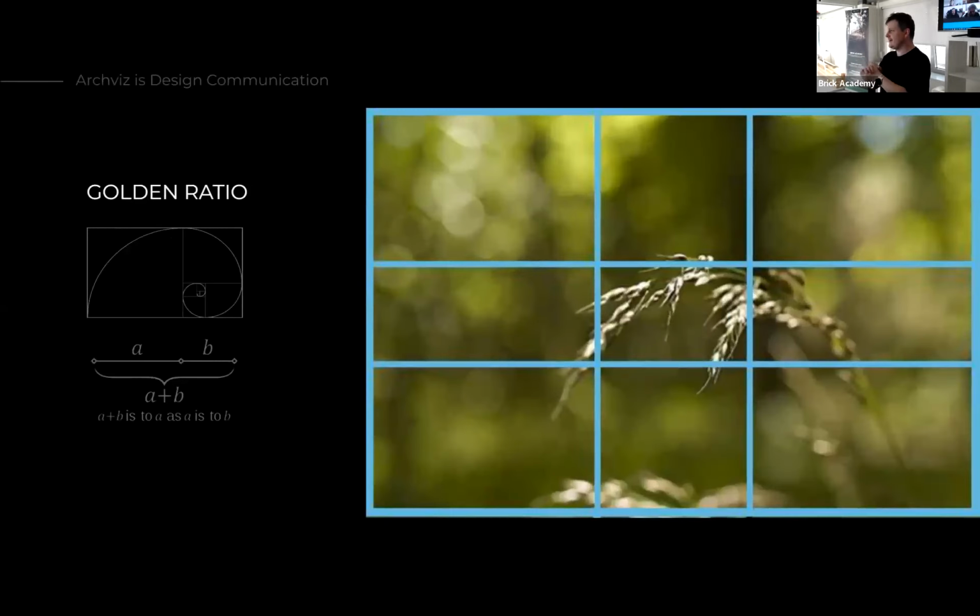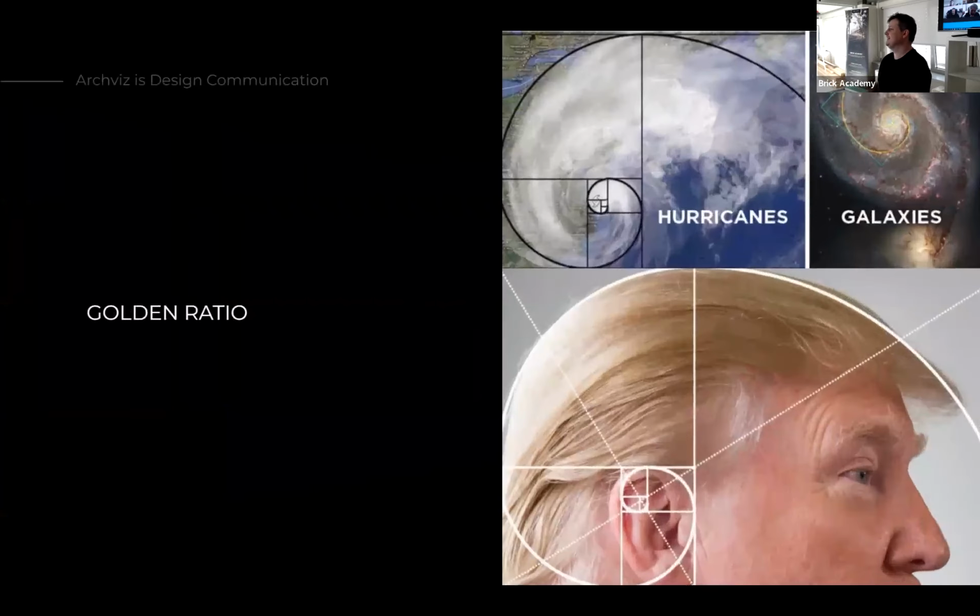I guess everyone knows what the golden ratio is, but do you know where it comes from? Yes, from shells. Yeah, shells, but where does that come from? From nature. Exactly, thank you, Eva. It's everywhere. This is something mathematically natural.